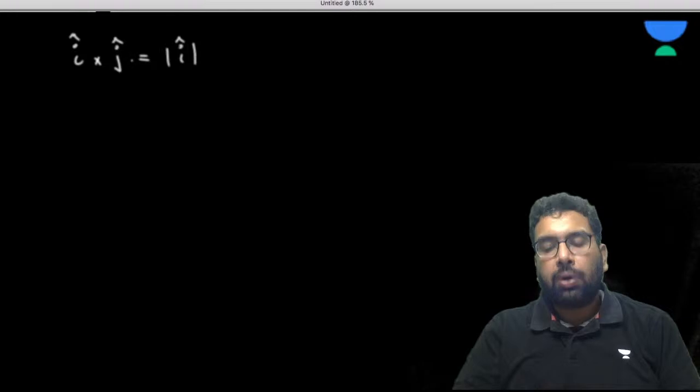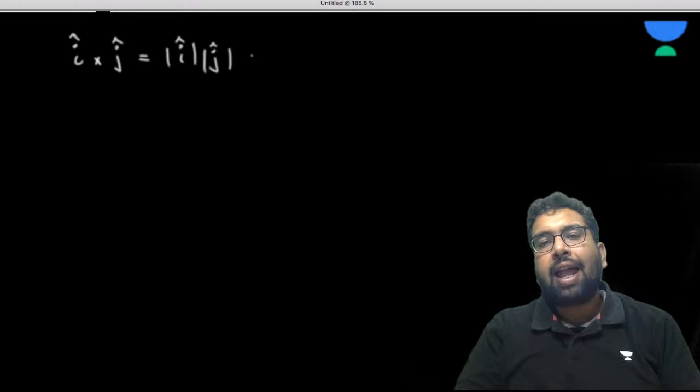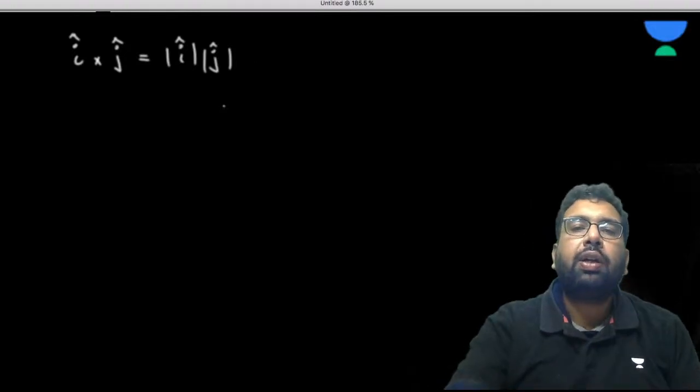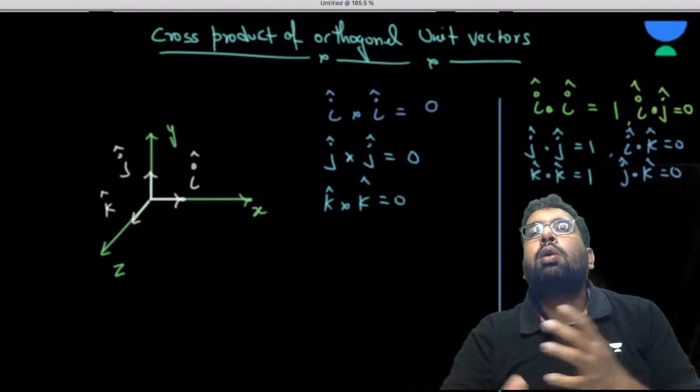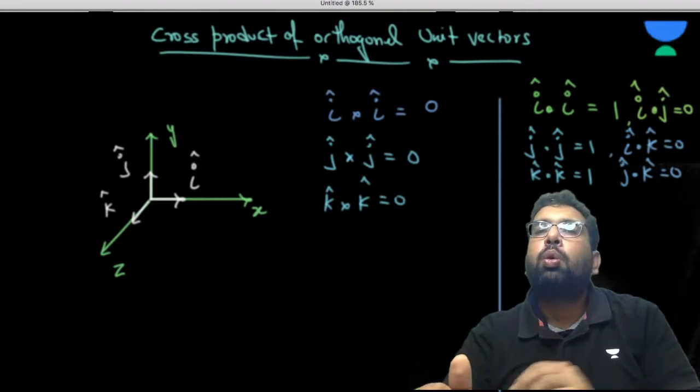So the magnitude is the mod of i cap cross j cap, and then the direction. We understand that for the cross product of two vectors, the direction will be perpendicular to both the vectors.